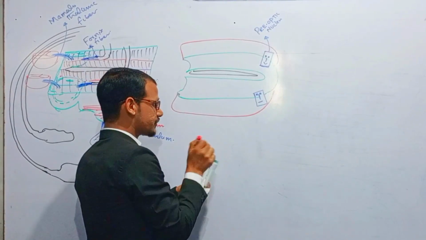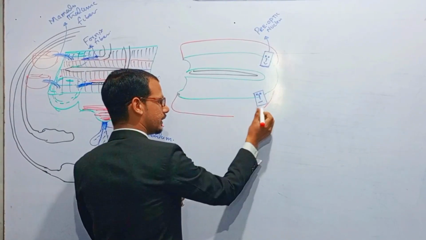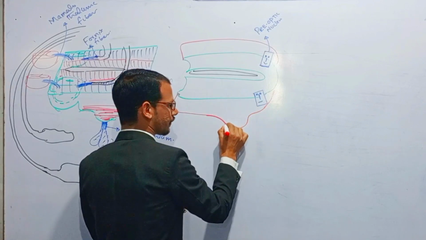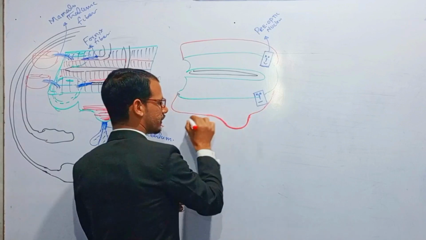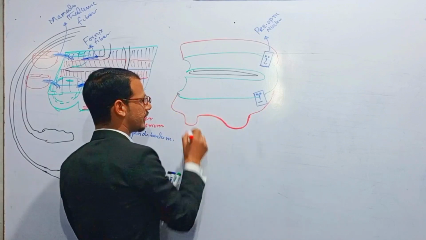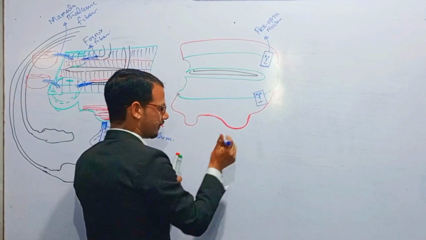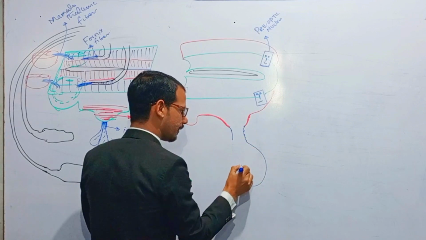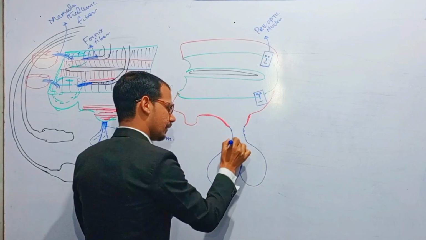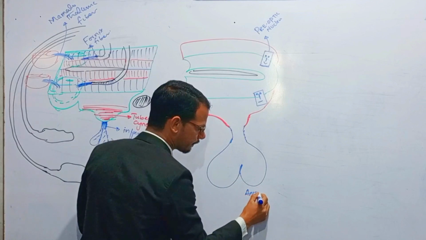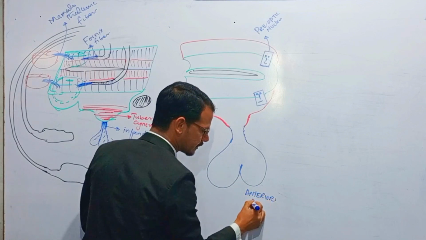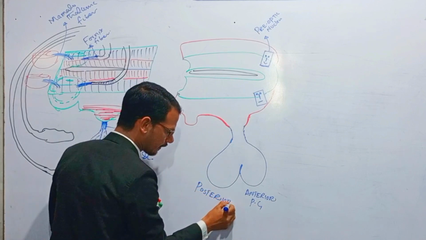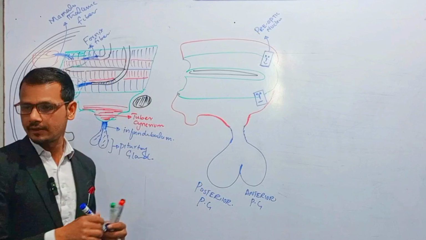What is the role of the preoptic nuclei? It secretes a type of chemical called gonadotropin releasing factor. This is the tuber cinereum, this is the mammillary swelling, and for example this is the anterior pituitary gland and this is the posterior pituitary gland, right?